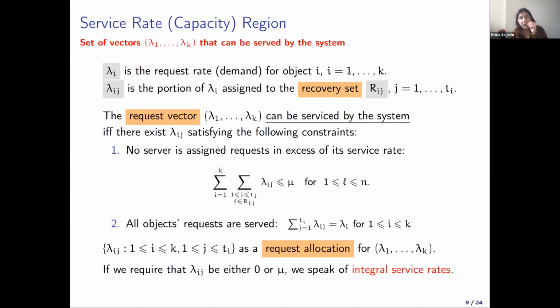Nevertheless, those A people and B people have to be fewer than the 100 that the movie theater can host. The other constraint is simply that all requests are served. Some are served through directly seeing movie A, and some are served by downloading components, some content which will help you recover A.